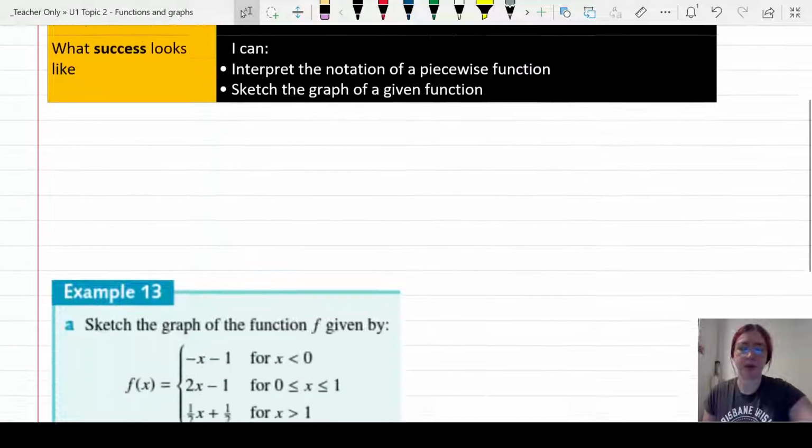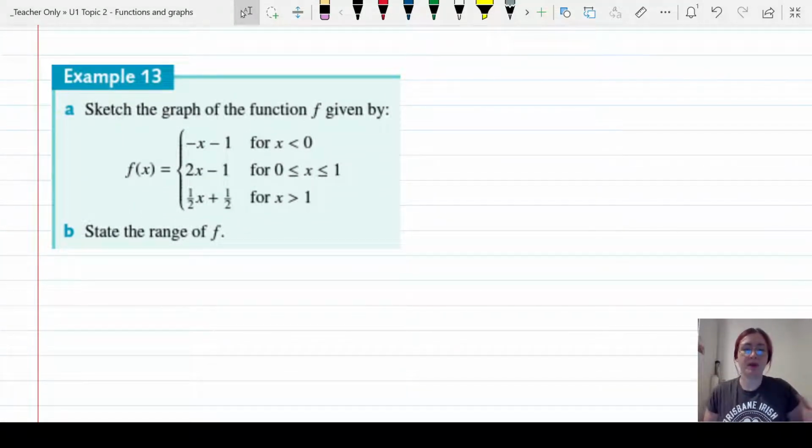So a piecewise function is a function that's made up of several smaller relations for given domains. So in this case, our function f of x is given by three separate relations.